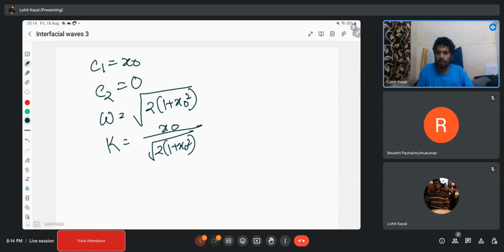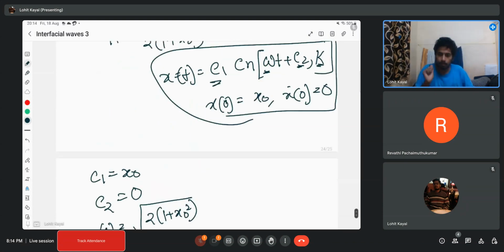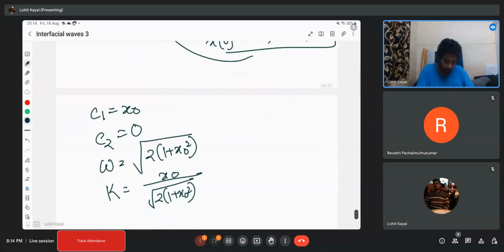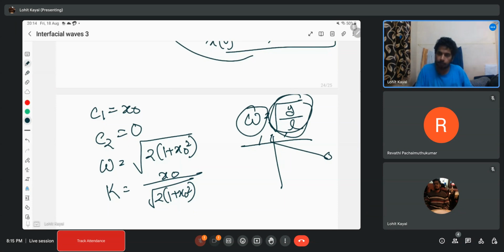Now, can you see one interesting feature? Remember the simple pendulum. For the simple pendulum, what was the frequency? Omega equal to square root of g by L. But in the class it was shown that when your initial perturbation is large, that means your initial angle theta is not small, then your frequency depends upon the initial amplitude.